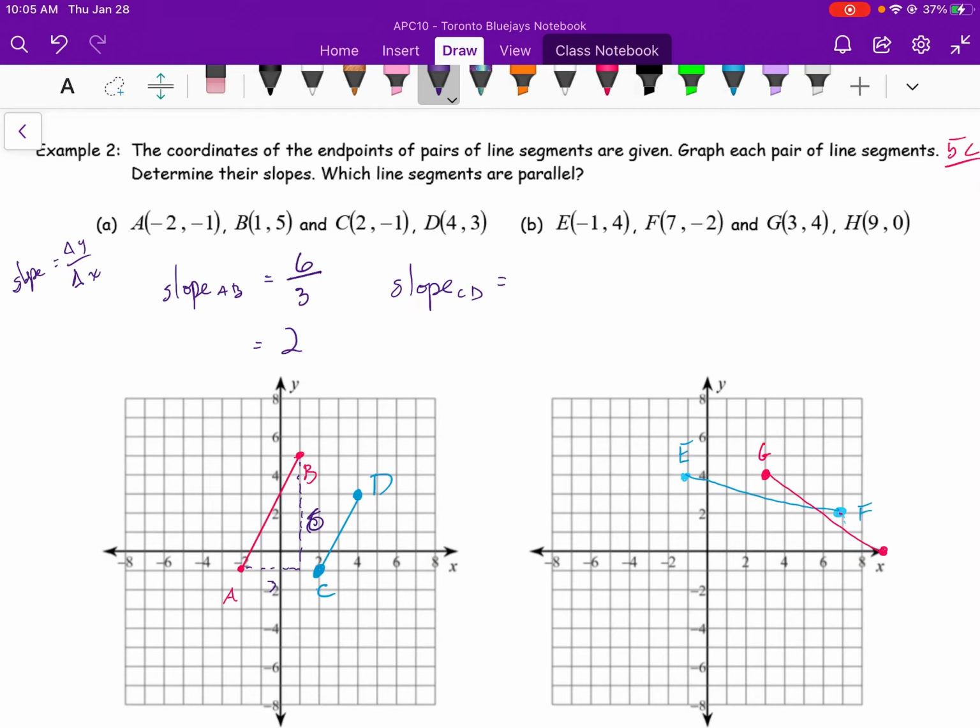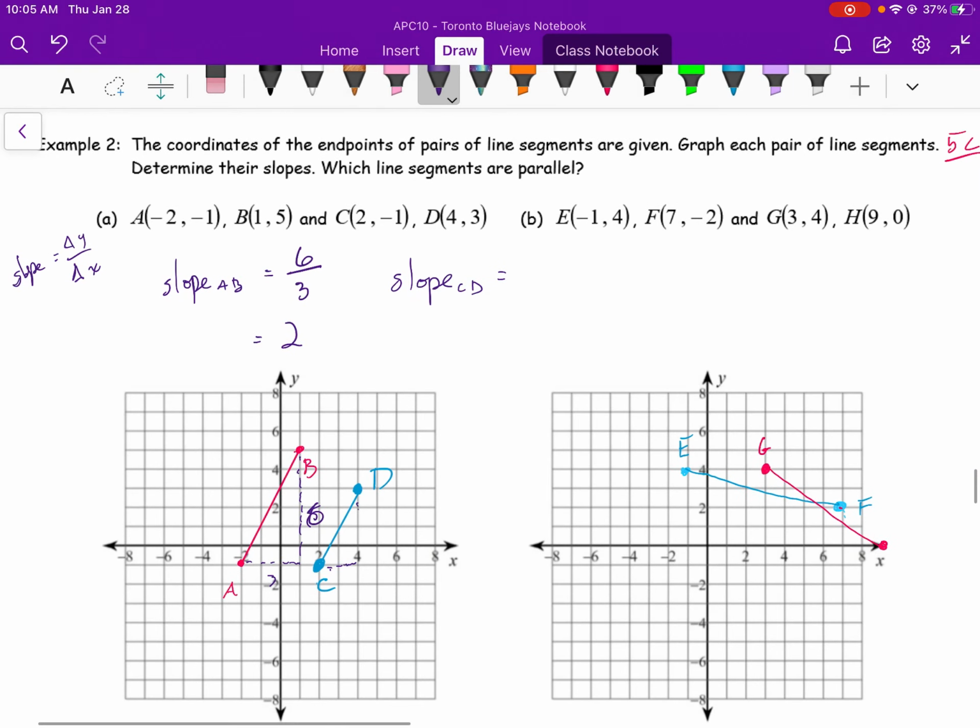Now over here, on line segment CD, I'm going to make my little triangle again. What I notice is that the vertical change goes from -1 to 3, so that's a change of 4. And it goes from 2 to 4, that's a change of 2. So the slope of CD is the change of y, 4, over the change of x, 2.